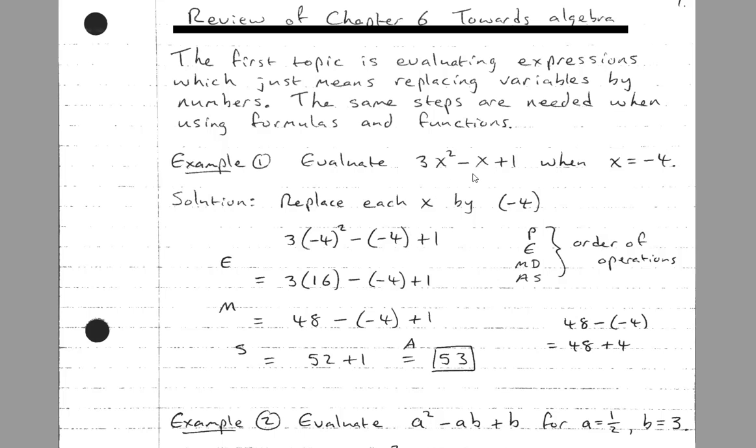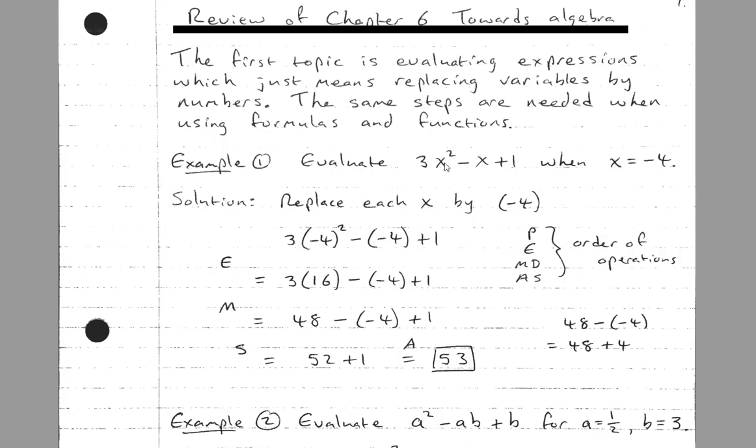Okay, so the places to avoid mistakes. Use parentheses when you're substituting to keep everything straight. And also, it's not 3 times -4, so we're not squaring -12.